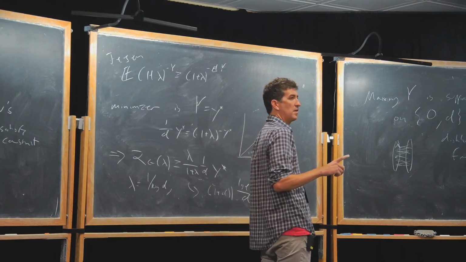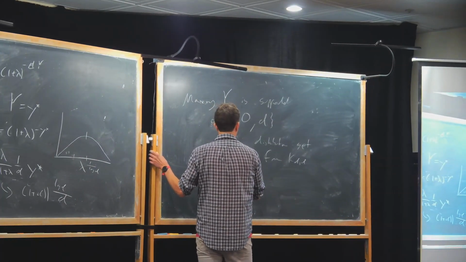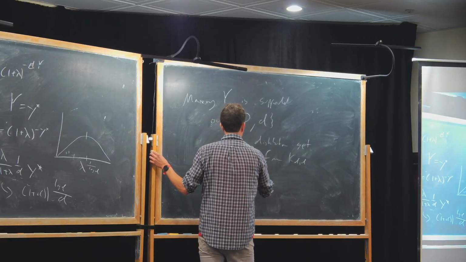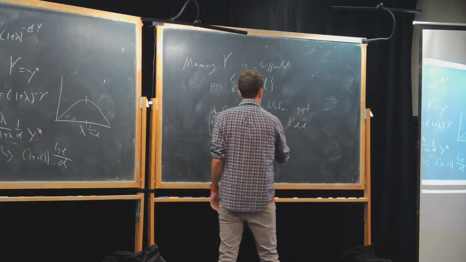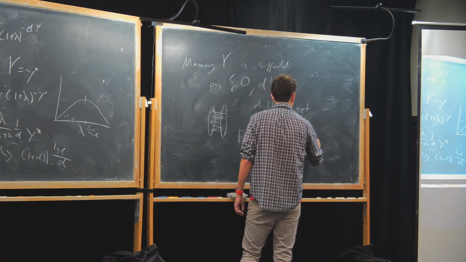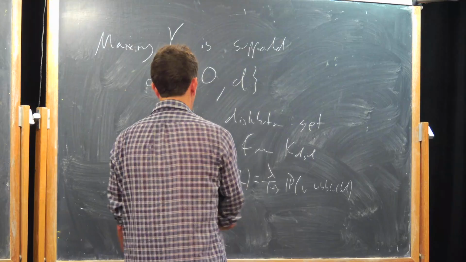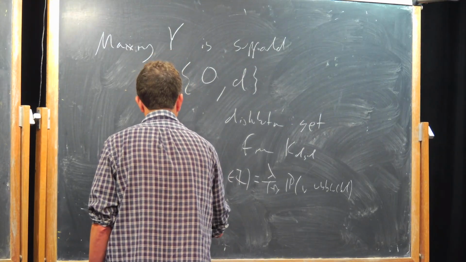No, so the steps are correct. The probability v is in the independent set is lambda over 1 plus lambda times the probability v is unblocked. That's correct. So we need to write what's the probability v is unblocked.